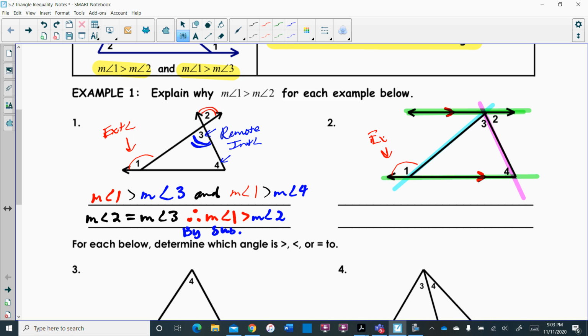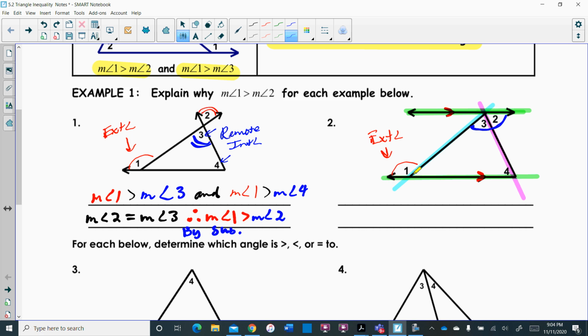Using the parallel lines and the transversal, angle 1 would be congruent to angle 2 and 3, because they are alternate interior angles. So it takes the sum of 2 and 3 to equal angle 1.